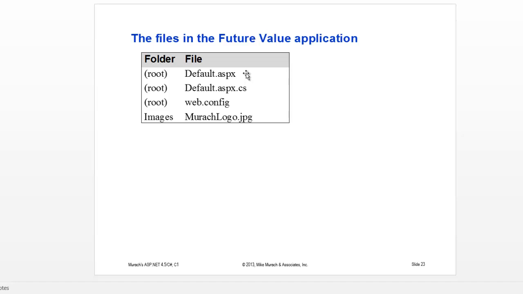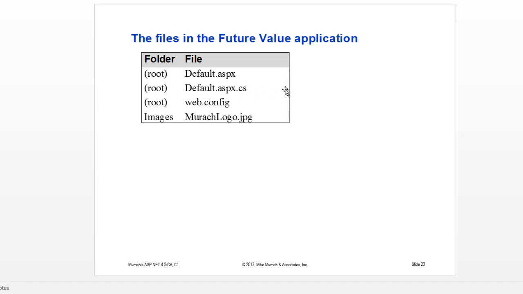We refer to this typically as ASPX code. It consists of standard HTML code plus ASP tags that define the server controls. The ASPX.cs file, this one right here, we refer to as the code behind file.